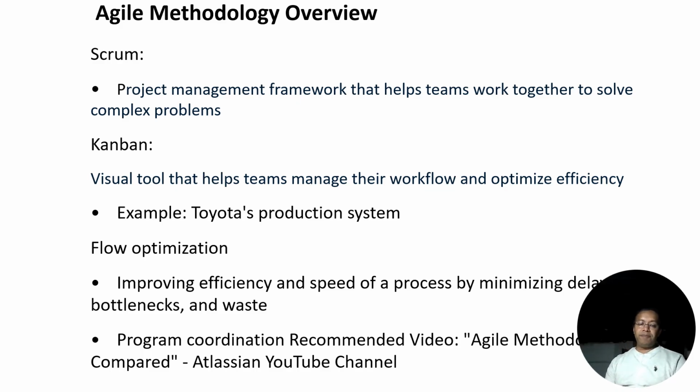Now, flow optimization improves the efficiency and speed of a process by minimizing delays, eliminating bottlenecks, and also reducing waste. So the key focus point of flow optimization is on the value stream, identifying all steps in the process and eliminating unnecessary activities in the value chain that don't add value to the finished product.